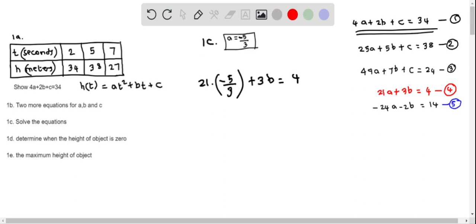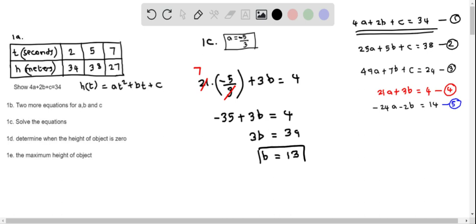I can do some cancellation here. 21 goes 3 times as 7 times. So 7 times negative 5 is negative 35 plus 3b equals 4. We add 35 on both sides. We get 4 plus 35 is 39. We divide both sides by 3. So we get the value of b equals 39 by 3, which is 13. So the value of b equals 13.